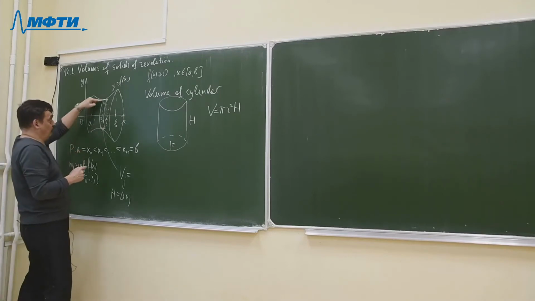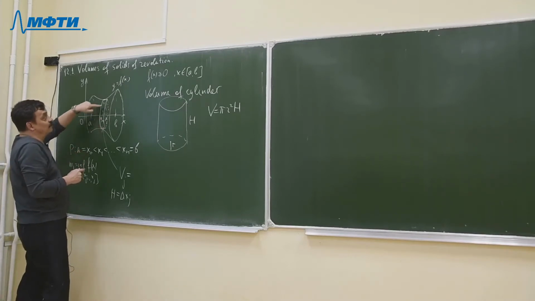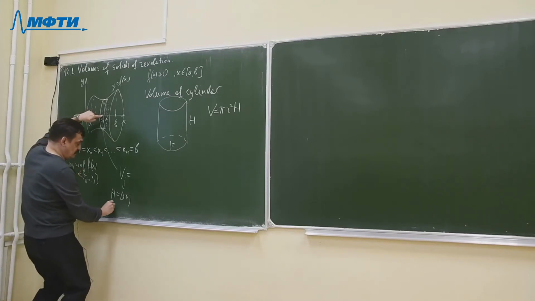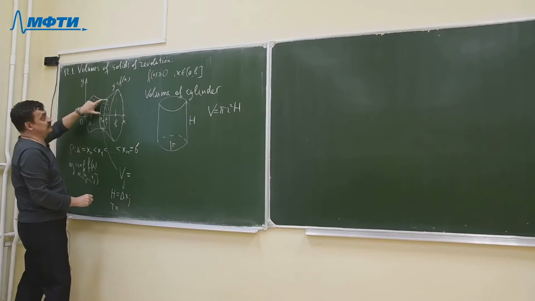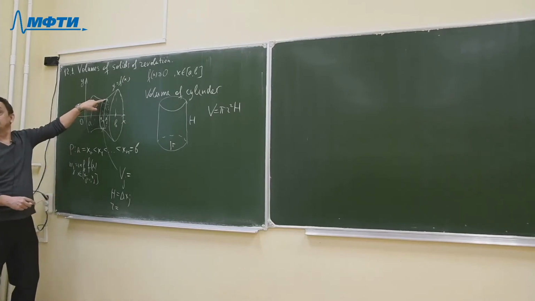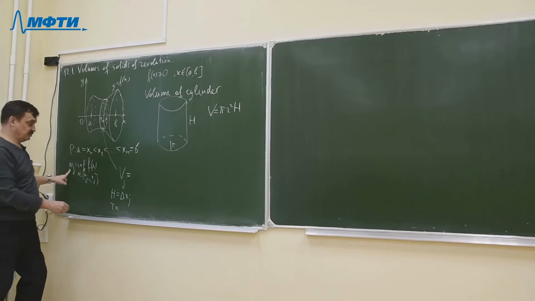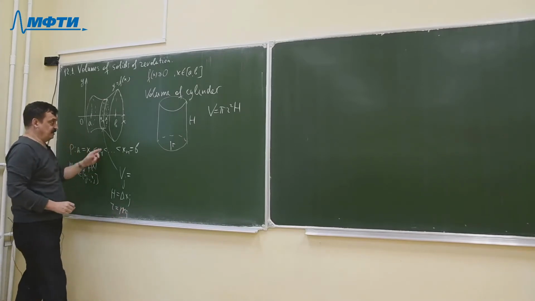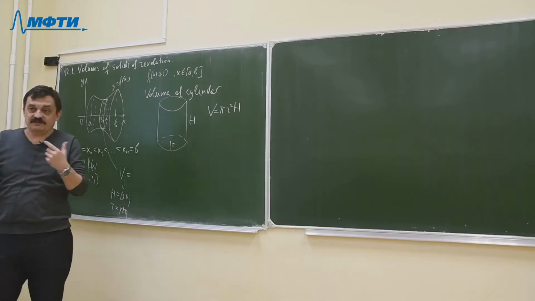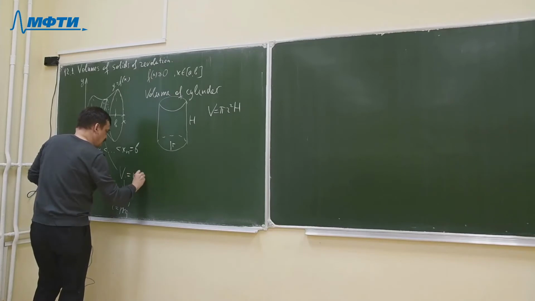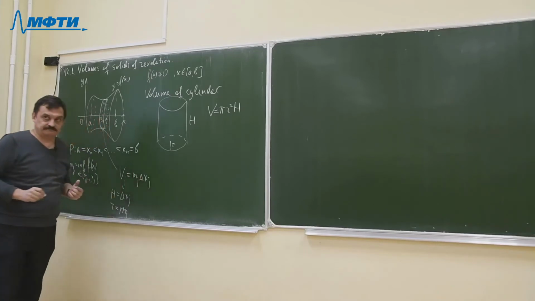And the radius of the base for this cylinder is equal to the infimum, m_j. So it means that the volume of this thin cylinder is equal to m_j times delta x_j, right?